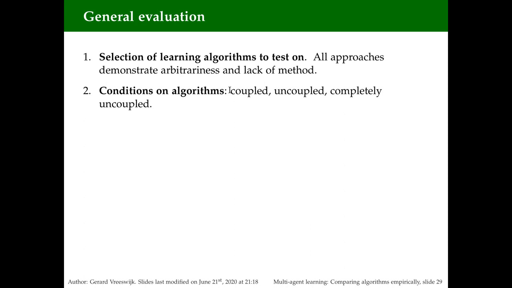And without going into the terminology here, you have to have followed the lecture on coupled and uncoupled play. Well, the point here is that algorithms use different knowledge, and so they can't be compared on an equal footing. So this gives an unequal playing field.